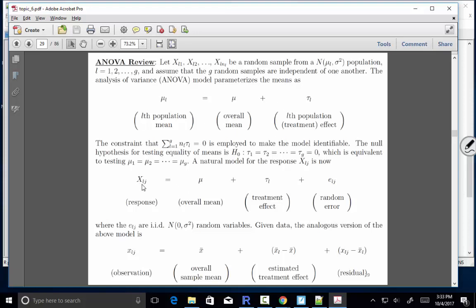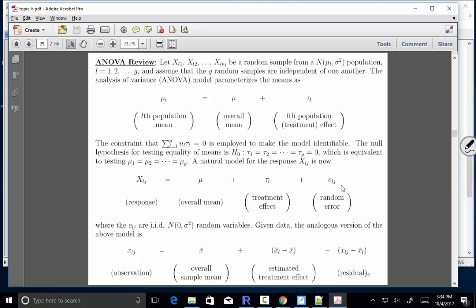Let's then assume that the data we observe, the x's, for example x_lj, would be for comparison group L, the jth response. And we're going to write that using what we wrote down up above. We're going to say that what you observe for the jth individual in the L comparison group is equal to an overall mean plus a treatment effect that applies on average plus a random error term.